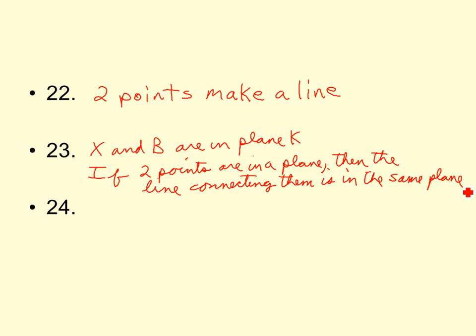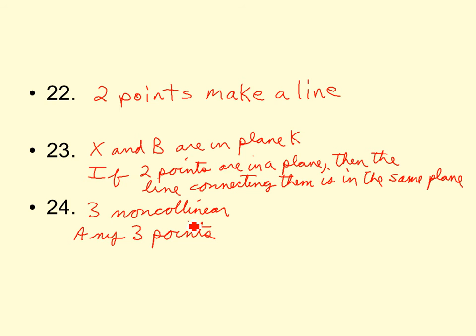24 says points A, C, and X are coplanar. Points A, C, and X are 3 non-collinear points. Well, if you have 3 non-collinear points, then those 3 points always have to make a plane. So the postulate said any 3 points, and again, this is my interpretation of it, not what the postulate actually says.